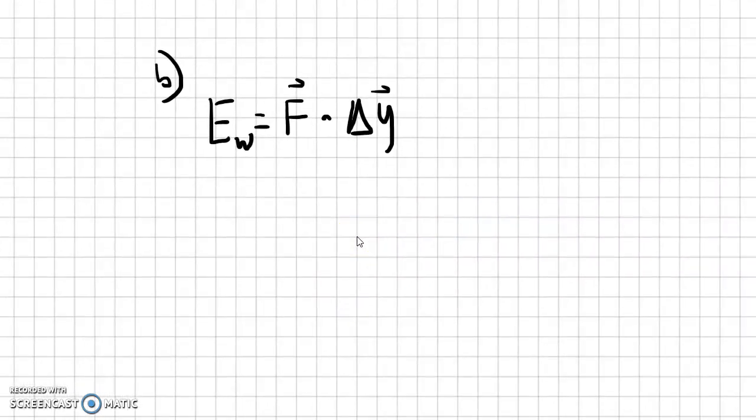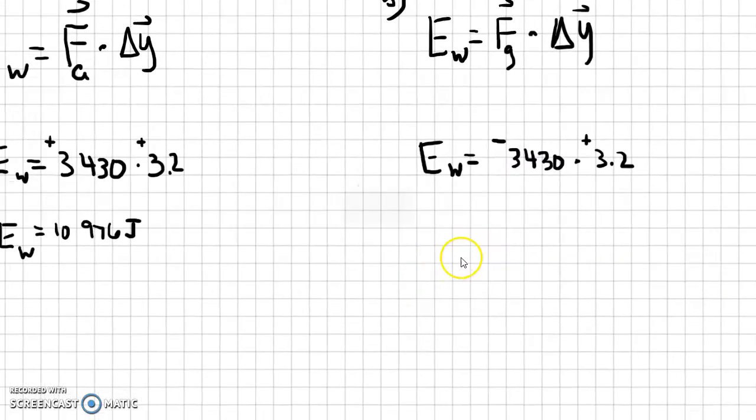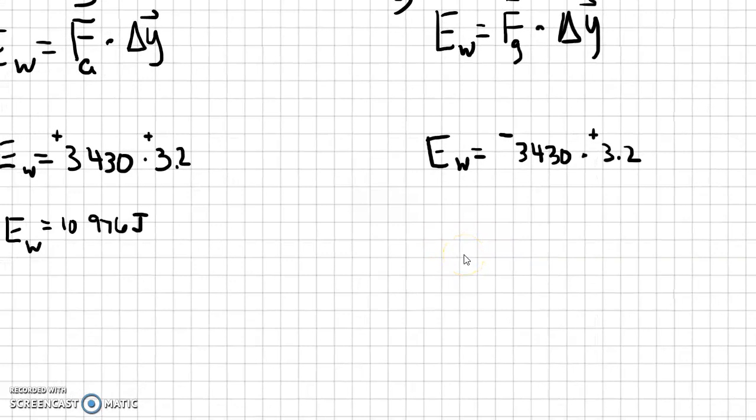Now, the work done by gravity is going to be very similar to this. The gravity force was 3,430 times the 3.2. The displacement is positive because it's up, and the gravity is negative because it's down. So these are the same two numbers, and the difference is the negative.